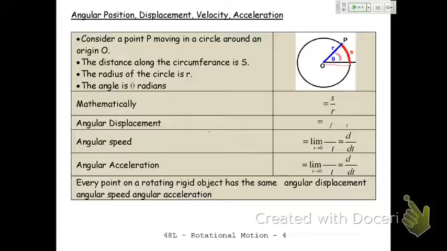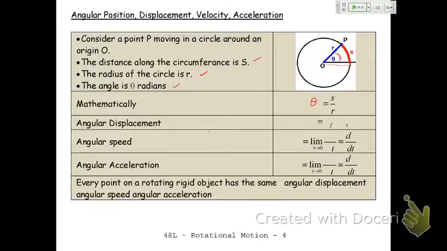So consider a point P moving on a circle. The distance along the circumference is S. The radius of the circle is R. The angle in radians is theta. Theta is just a number. And mathematically, theta in radians is equal to S over R.